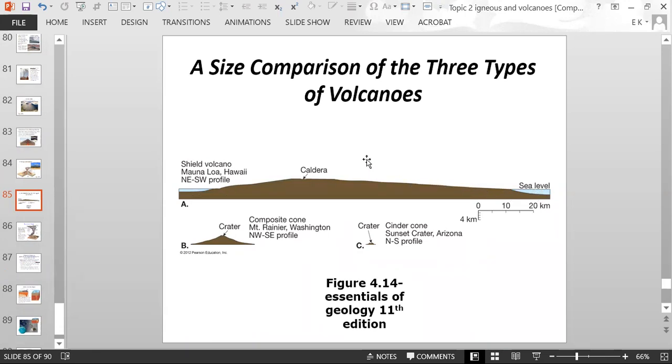That again is made of mafic lava or basalt, gentle eruptions with lots and lots of lava. Then you have your composite cone, which is a lot smaller. And then you have your cinder cone. The composite cone is the stratovolcano or the composite volcano. Okay, and then your cinder cone is a lot smaller than the other two.